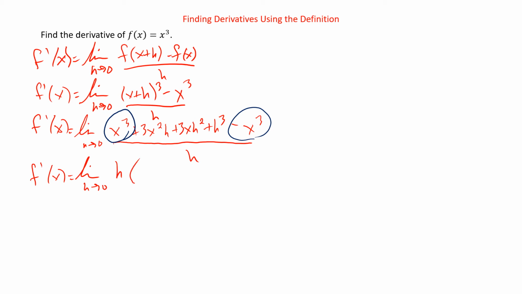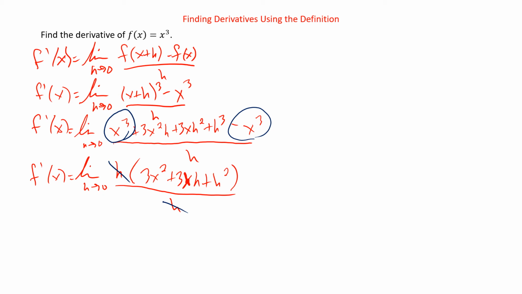What we have left will be 3x squared plus 3xh plus h squared all over h. The h's will now cancel, leaving us with no fraction.